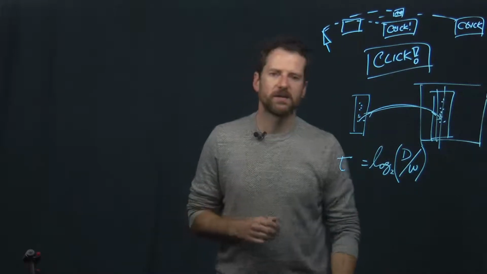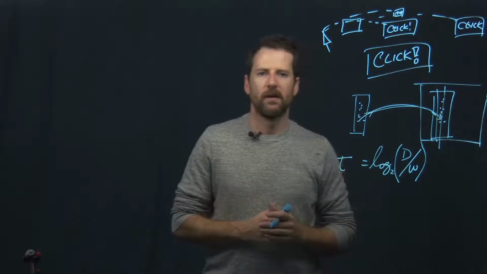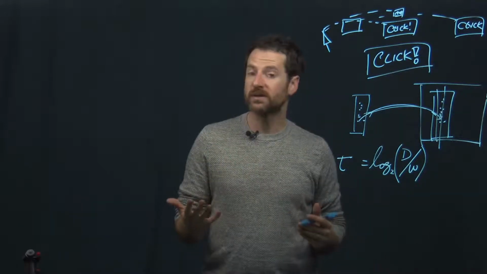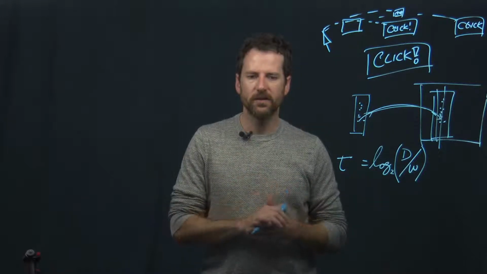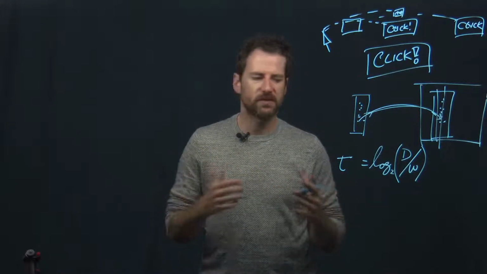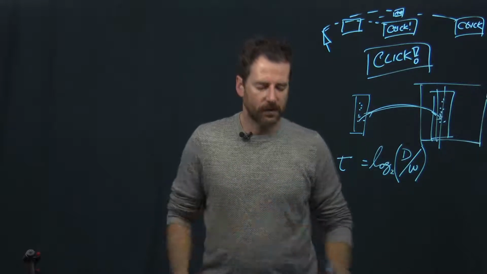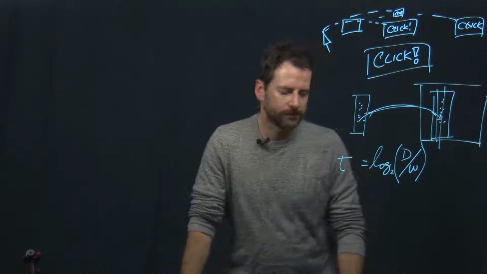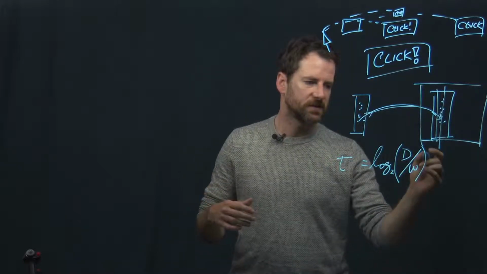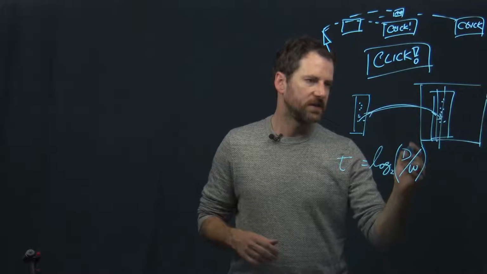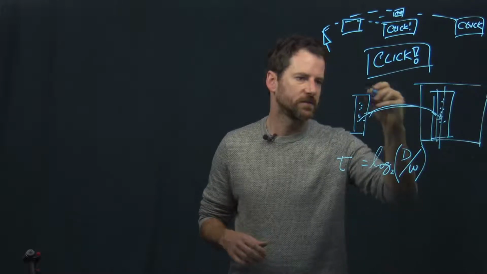How long this takes is also going to depend on what your input device is. Some input devices are faster than others. Some muscle groups are faster than others. And that's going to factor in here as well. But just with our simple model, we can check that things make sense here. So d is our distance.